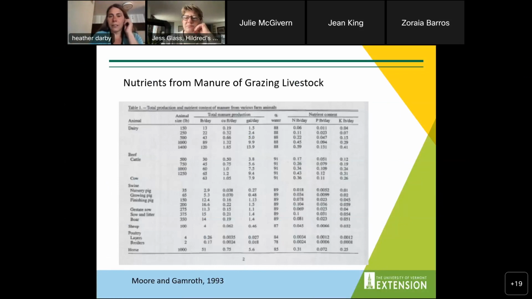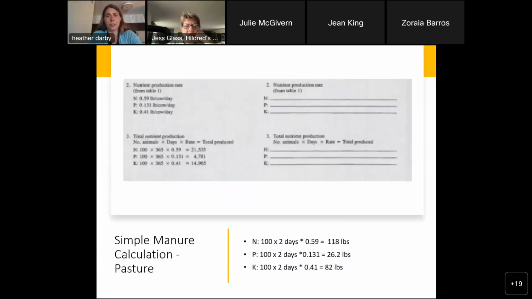Okay, so yeah, this is a great extension publication. It's pretty old. It's out of Oregon actually, and I think the 93 version is just a little updated from some even prior version to that. And it's got some worksheets on the back. I just pulled that out so you could see it, but it really does walk you through how to calculate nutrient production of each nutrient per cow per day.